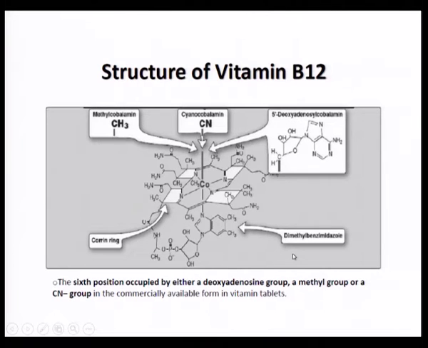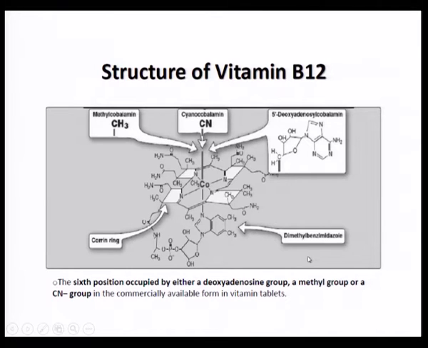You also have a dimethylbenzimidazole in the structure. This is what we call the corrin ring. The 6th position is occupied by either a deoxyadenosyl group, a methyl group or a cyano group.